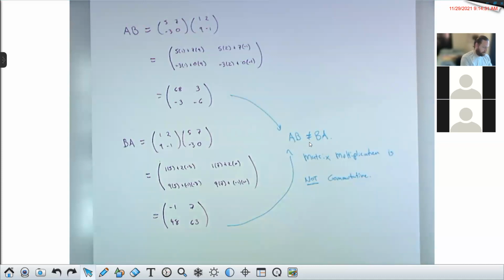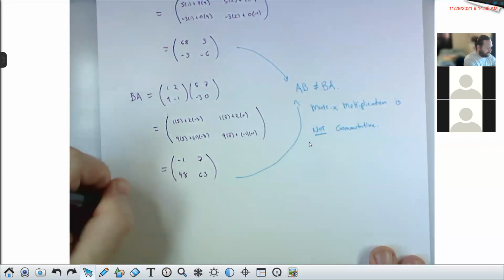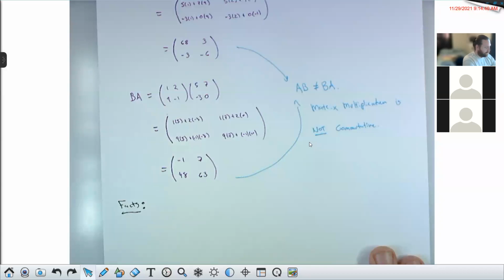There are some true statements about matrix multiplication, though. It is associative.